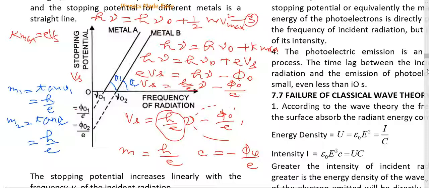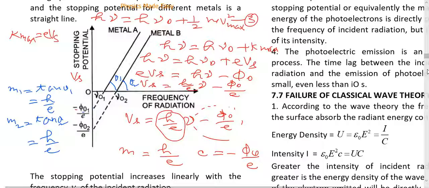From here I can calculate the work function. If this part is given and I multiply it by e, I get the work function. So this is the work function divided by the electronic charge. We should be quite aware of this if we are given a graph like this.